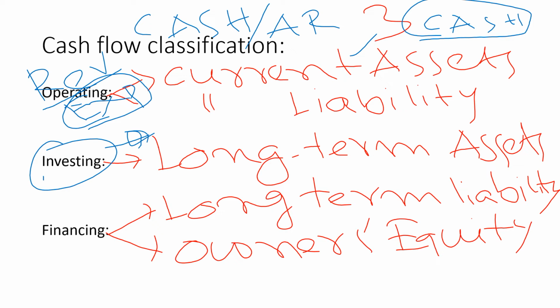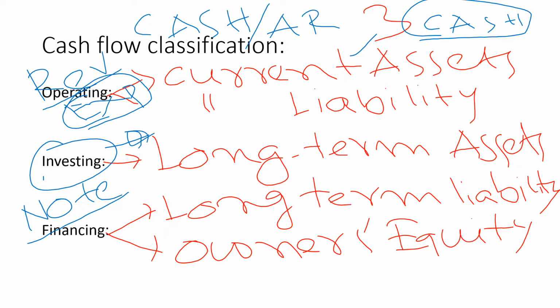And financing activities, long-term liabilities. For example, if we sign a long-term note payable, 4 years, 5 years, more than 1 year, that is a financing activity. And owner's equity, when owners invest, or when we pay dividends to the investors, those are financing activities.